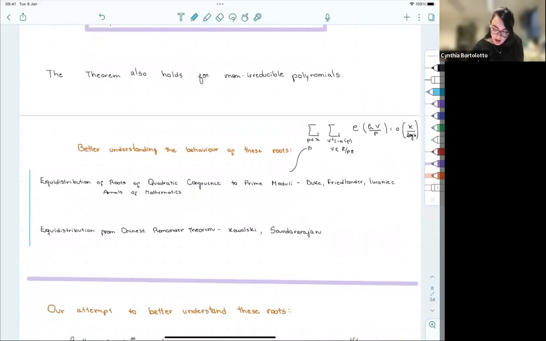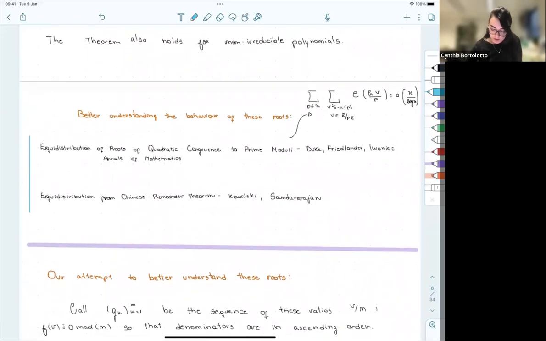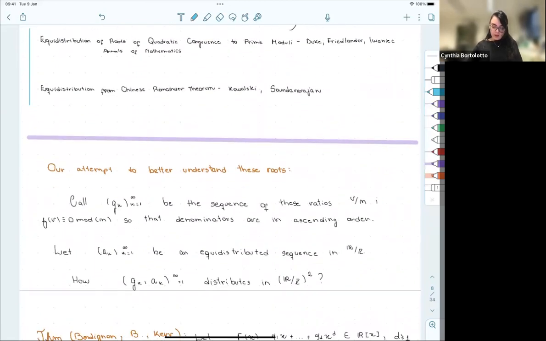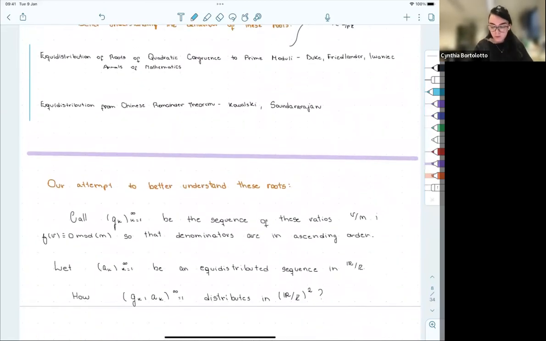And our attempt to better understand these roots is the following. Let's call g_k the sequence of the ratios. And let's take another sequence, a_k, that we know is equidistributed in the Weyl sense as well. And then we can ask how this new sequence, (g_k, a_k), distributes in the square.